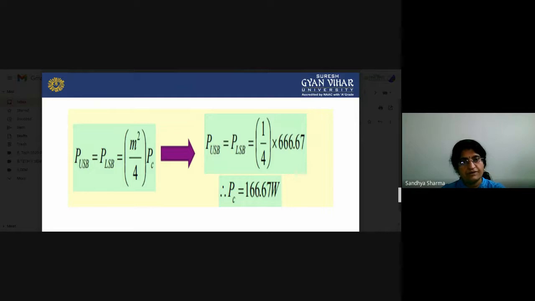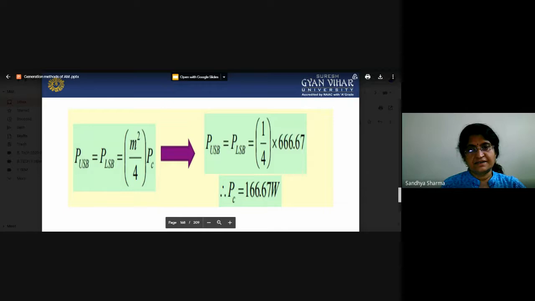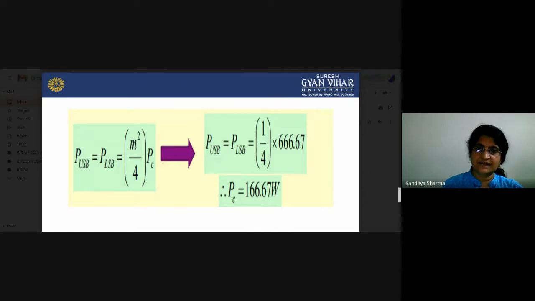We are also given a formula, and we can also derive it. The power in both the sidebands is equal to m square by 4 into Pc. You have already calculated the carrier power, and given the modulation index you can calculate the power contained in both the upper sideband and lower sideband signals.